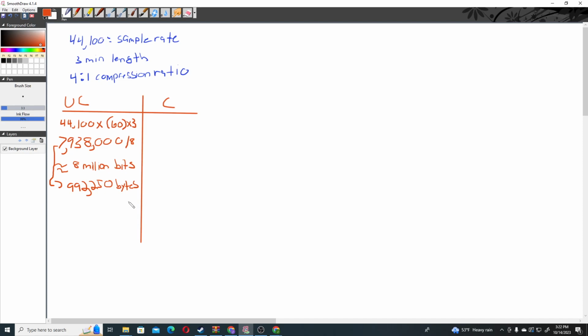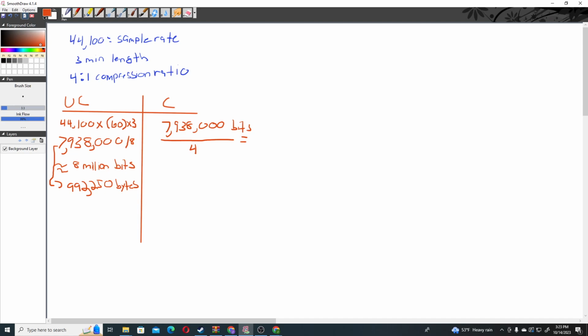All right. So we're going to compress it. We're actually going to compress the bits just to make our life easy. So we're going to take 7,938,000 bits, and we're going to divide it by 4, because that's the compression rate. This is still going to be in bits, okay? Everything's still in bits here.